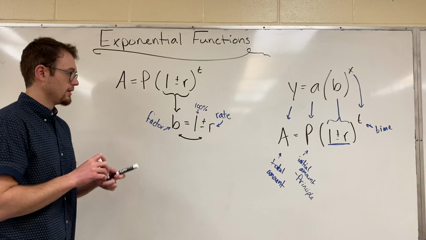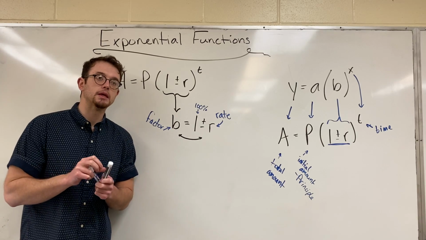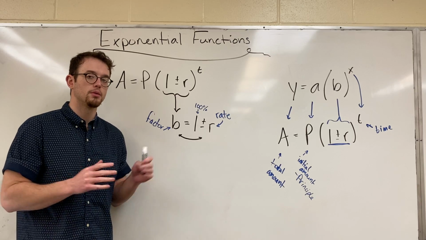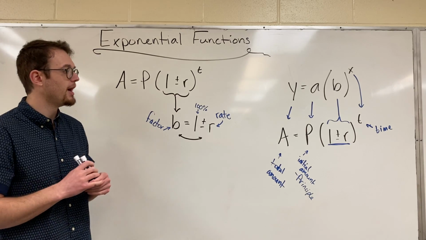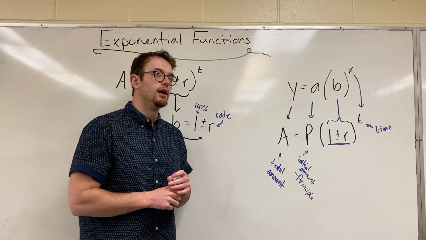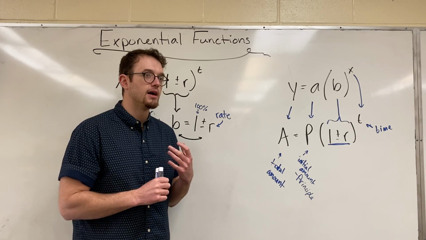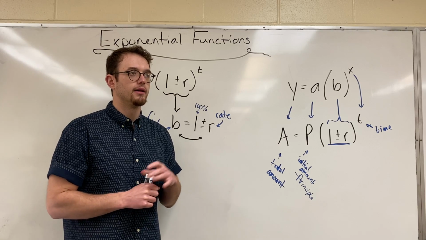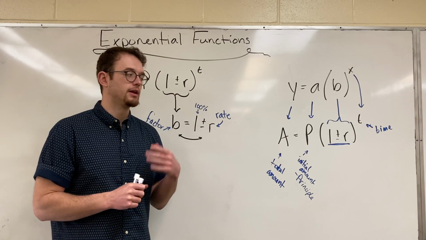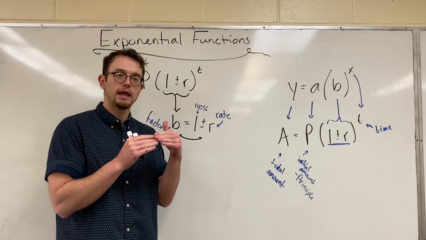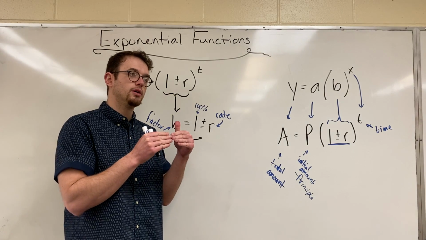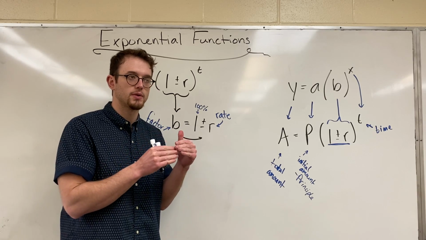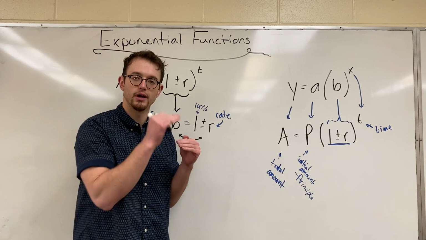This little 1 represents 100%. And hopefully that makes sense, because when you start out with something, you start with 100%, right? Your initial amount. If I'm going to invest or take out a college loan, and that loan is $20,000, then I start at $20,000, and it usually grows from there if you're not paying it off, right? Because it's got an interest rate, and the interest rate adds money onto it over time.